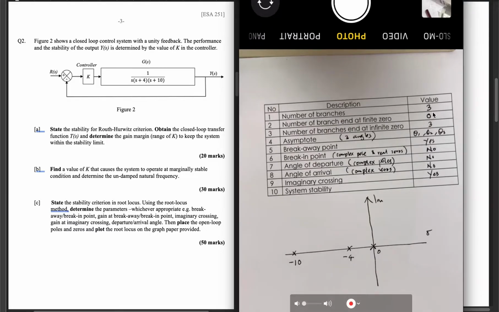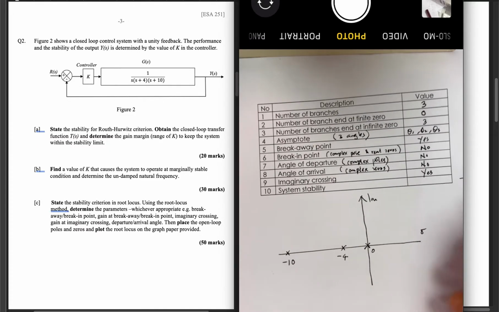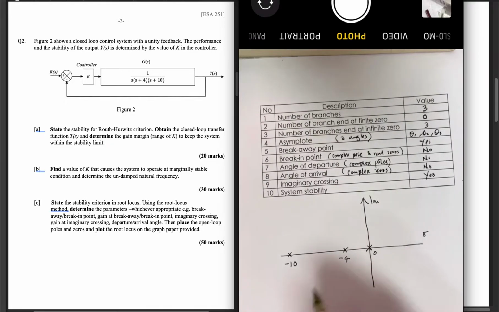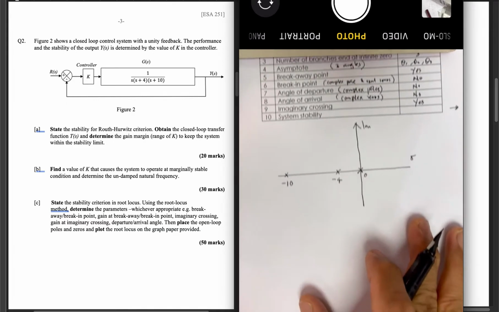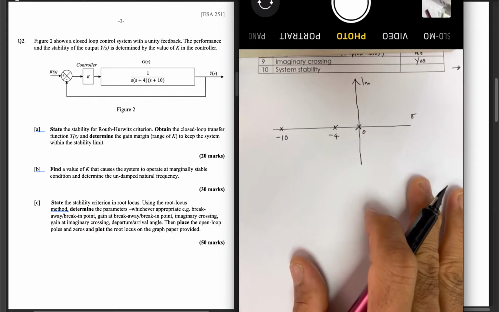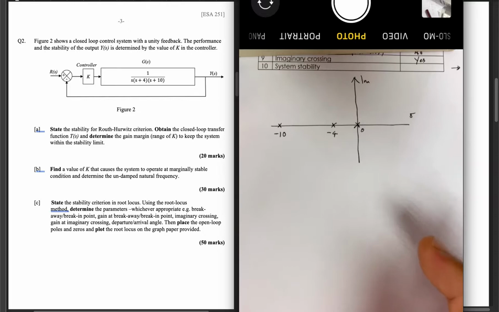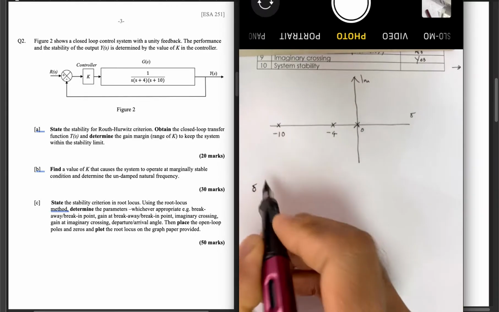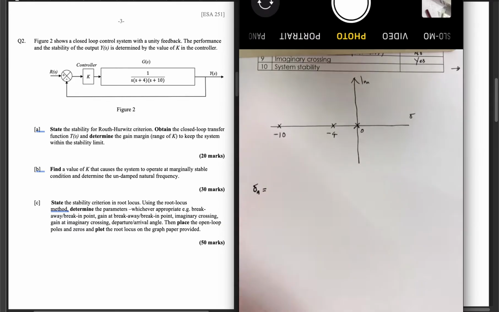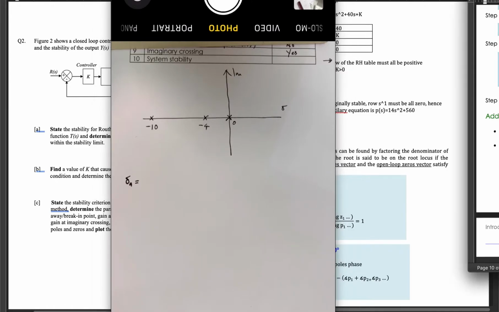All right, so now we have this one. We need to find this. In order to find this, we need to use the formula here, which is the real asymptotes equal to, you can refer to my lecture notes.